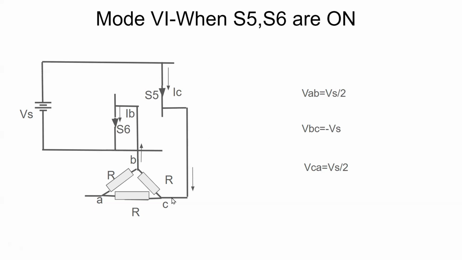So this voltage VBC, we can write it as minus Vs, because B is connected to minus of Vs and C is connected to plus of Vs. Or we can write VCB equal to plus Vs. This VCB is shared equally by these two resistors. So we can write VCA is equal to plus Vs by 2 and VAB equal to plus Vs by 2.